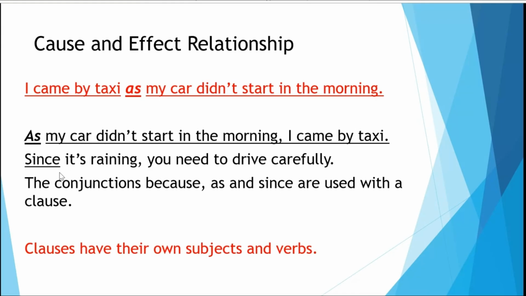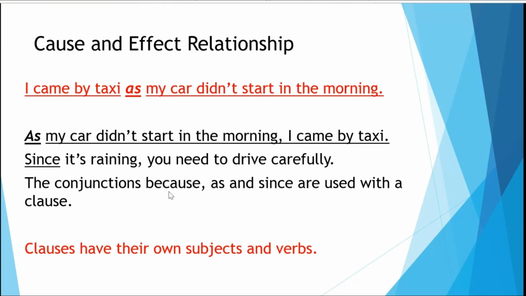Similarly, since it's raining, you need to drive carefully. The conjunctions because, as, and since are used with a complete clause. First of all, you should know what a clause is.